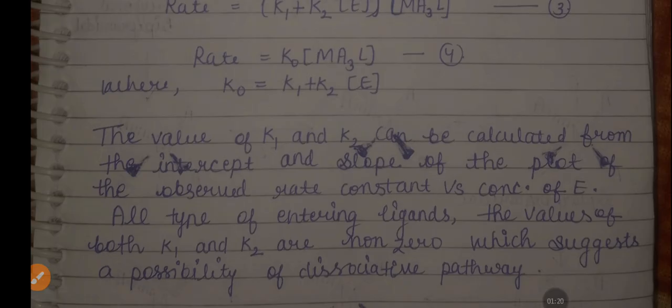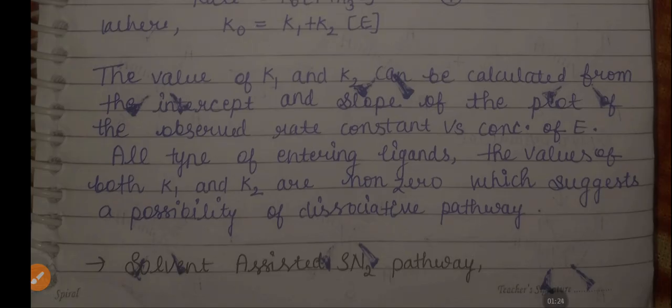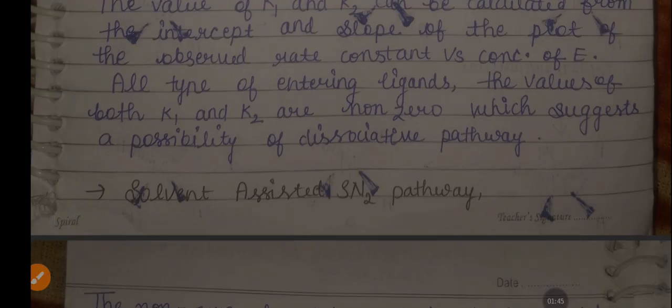The values of K1 and K2 can be calculated from the intercept and slope of the plot of the observed rate constant versus concentration of E. For all types of entering ligands, the values of both K1 and K2 are non-zero, which suggests a possibility of a dissociative pathway, the solvent assisted SN2 pathway.